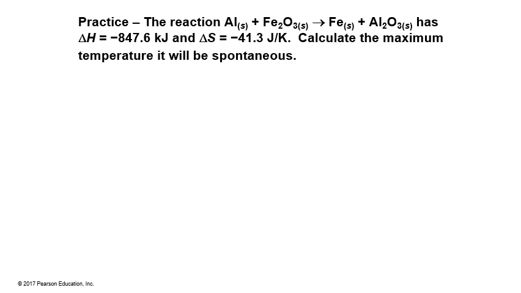Calculate the maximum temperature for which this chemical reaction will be spontaneous. Pause the video and give it a try. We've already calculated our delta H in joules previously. So it would be negative 847,600 joules.